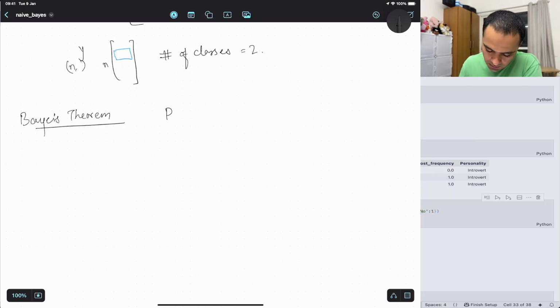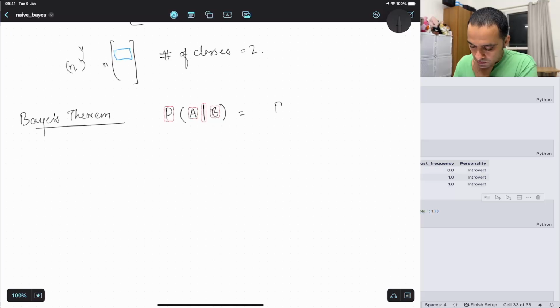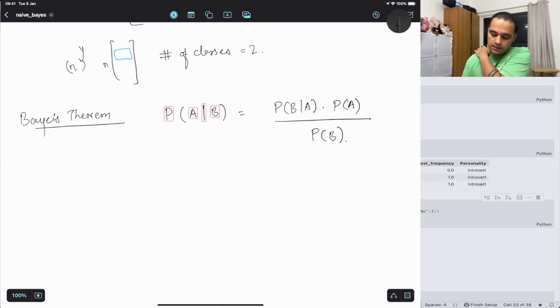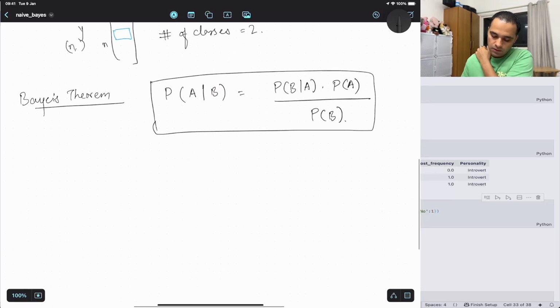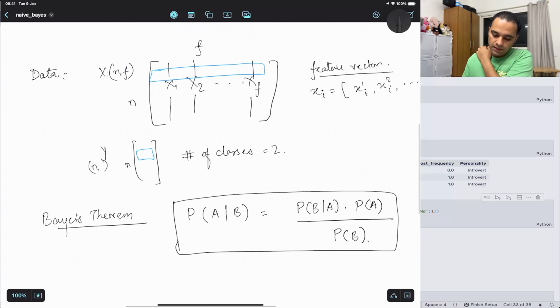So Bayes theorem says that if you want to find the probability of any event A given that event B has already happened, this can be calculated as the probability of event B given A multiplied by the probability of A, divided by the probability of B. This is basically the Bayes theorem, and we want to use this for our classification problem.